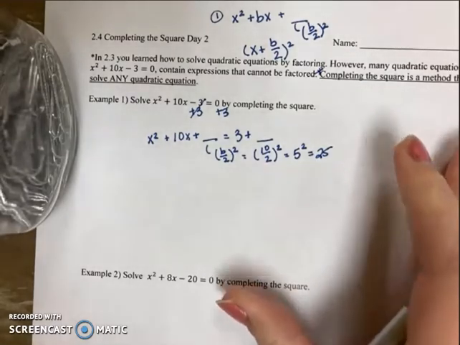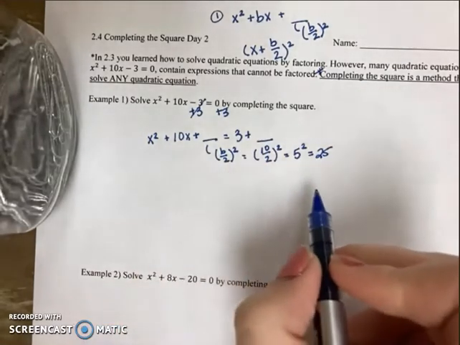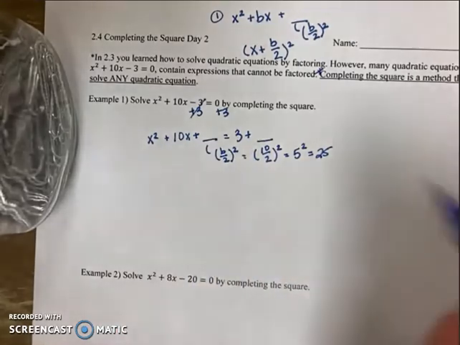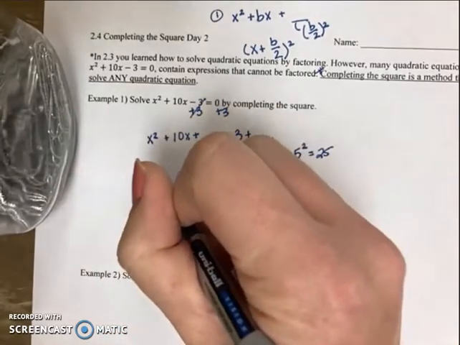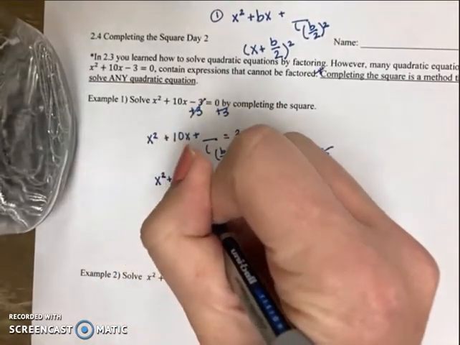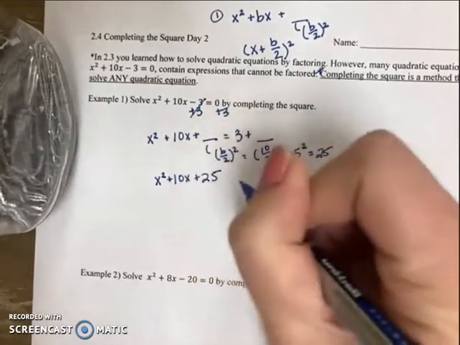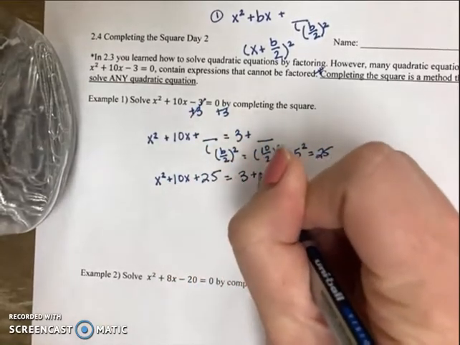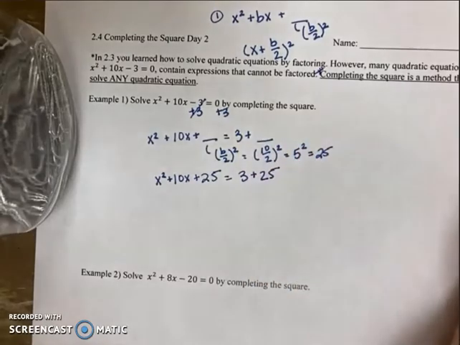I'm just going to go ahead and rewrite it now that I'm plugging 25 into those spaces. So I have x squared plus 10x plus 25 equals 3 plus 25.